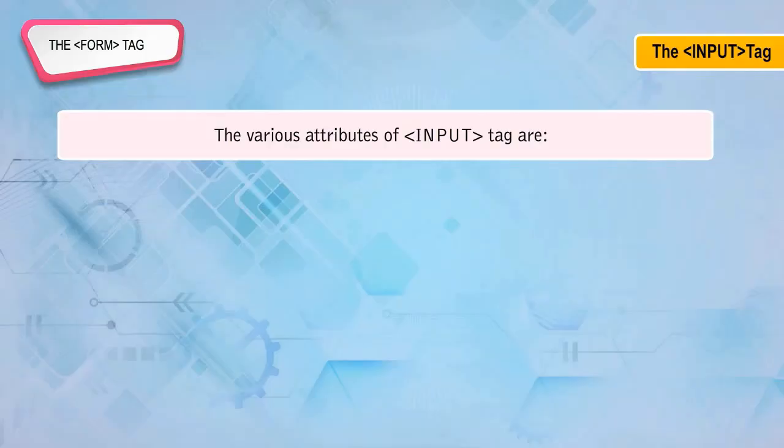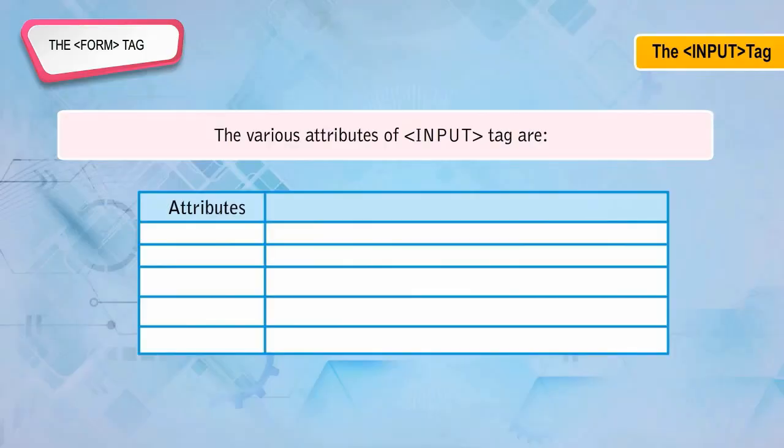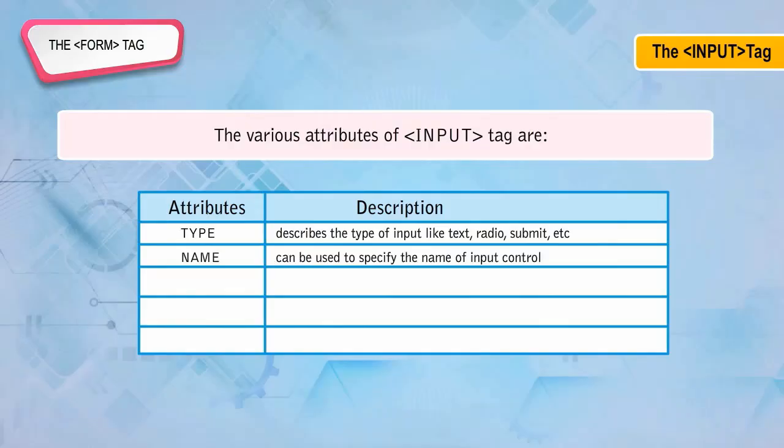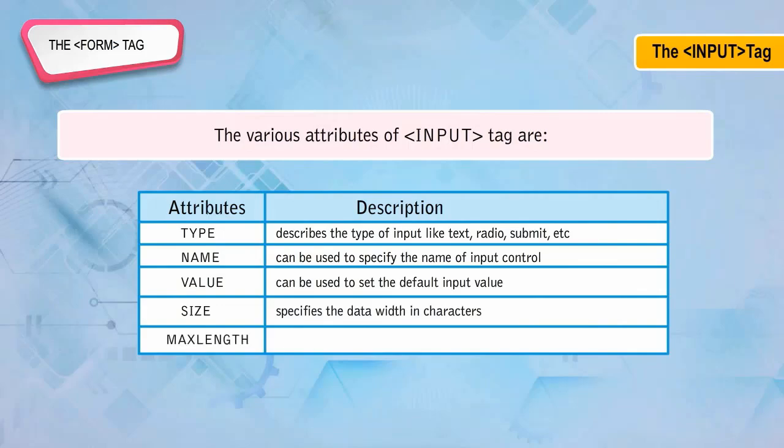The various attributes of the input tag are: Type describes the type of input like text, radio, submit, etc. Name can be used to specify the name of input control. Value can be used to set the default input value. Size specifies the data width in characters. Max length specifies the maximum data length.